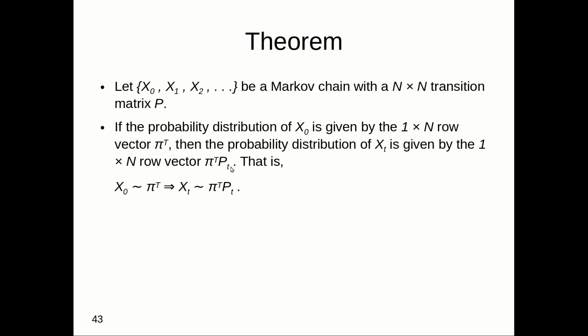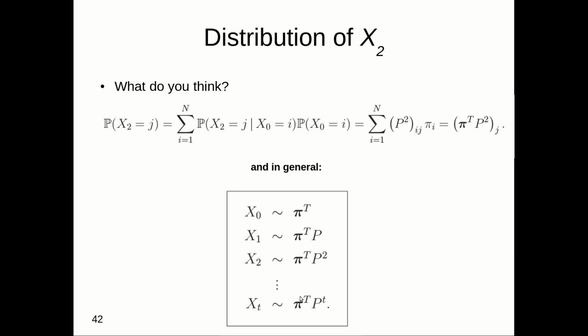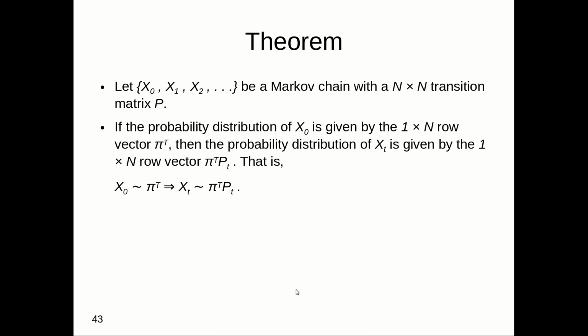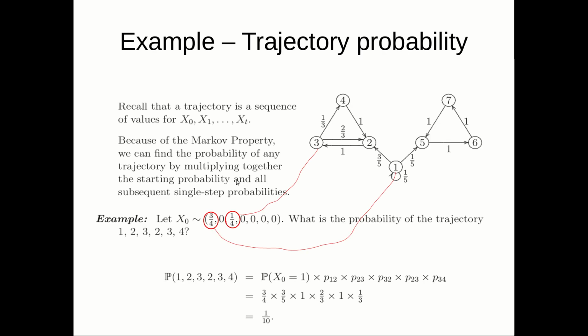I think there is something wrong here, because this should be the power P raised to the power of t, as before. So this is the correct notation. I'm sorry, this went wrong. From x0 being distributed by p transposed, it follows that xt is distributed by p transposed multiplied with P raised to the power of t.